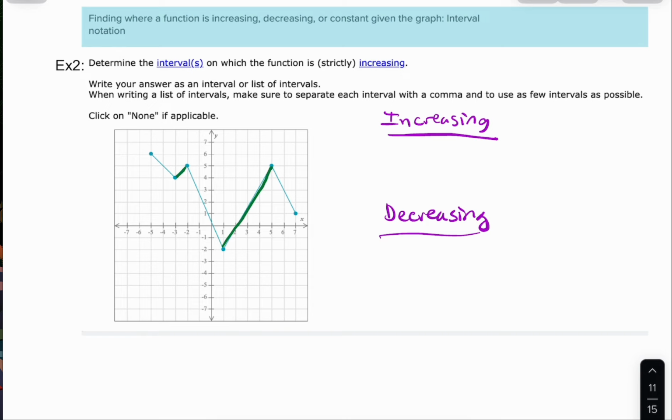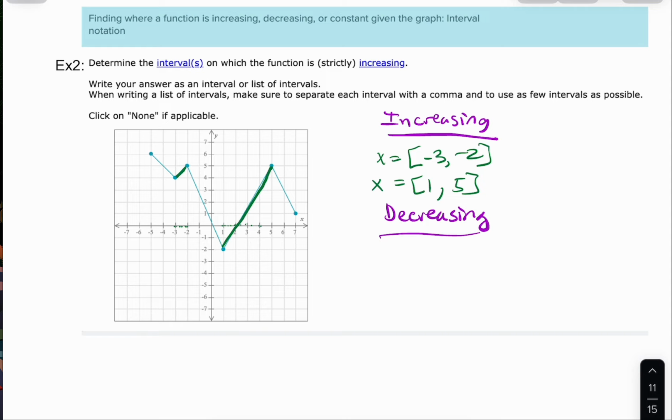So those sections were going uphill, and that is an x value of 1 to an x value of 4, and here from an x value of -3 to -2. So we are going uphill when x's are between -3 and -2. The y's are going uphill, increasing. And then again for an x value from 1 to an x value of 5, the y's are increasing.